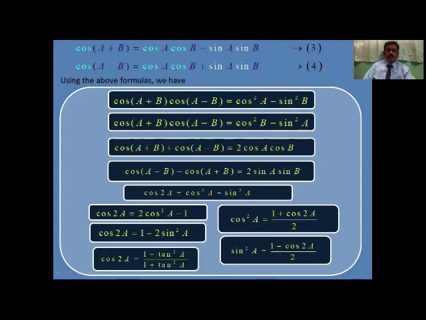Cos 2A equal to (1 minus tan square A) divided by (1 plus tan square A). Using sin of (A plus B), sin of (A minus B), and cos of (A plus B), cos of (A minus B), we derived nearly 16 formulas.